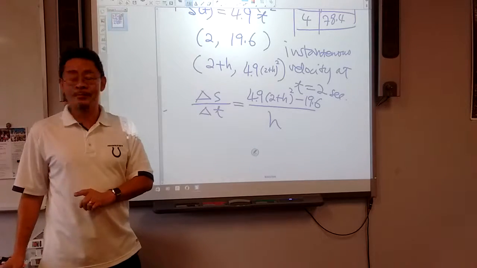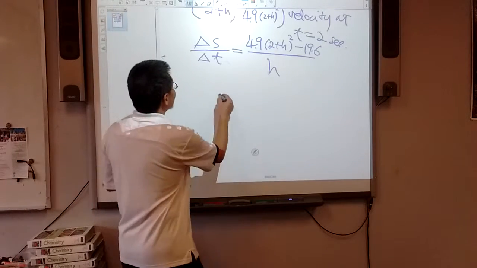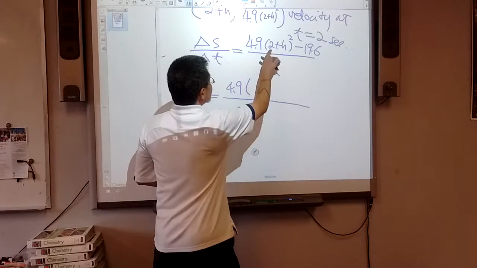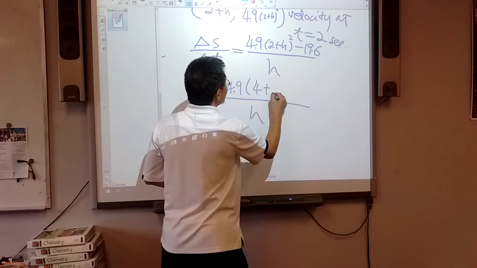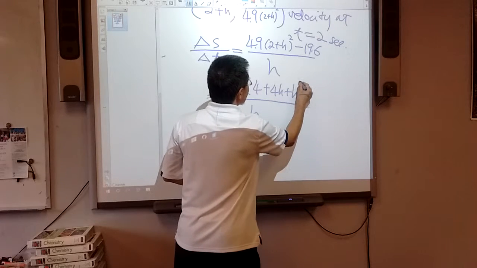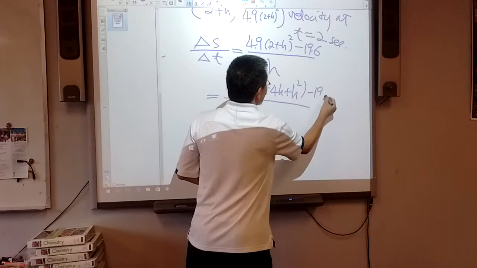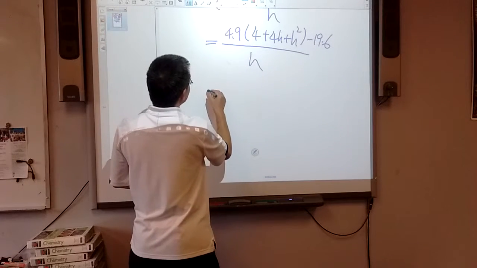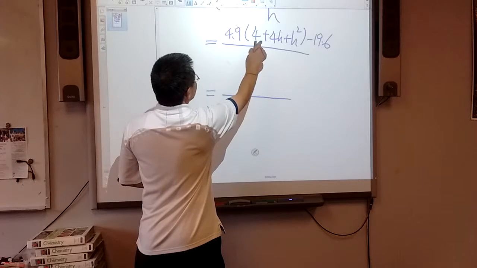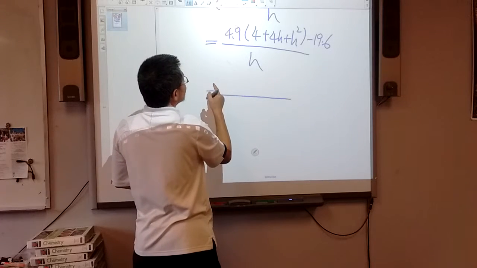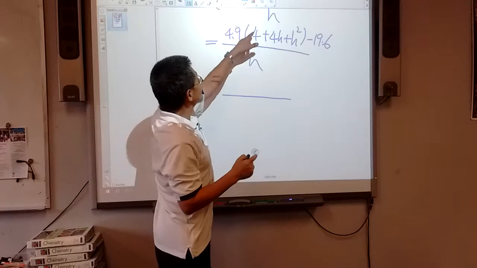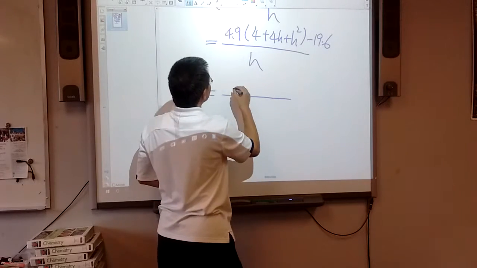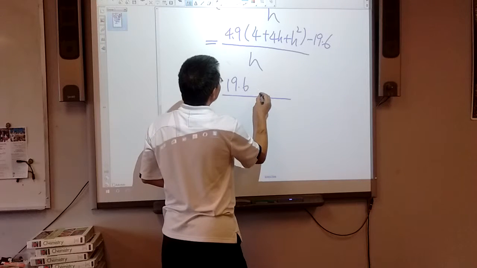We're good here so far? So now we work it out. 4.9 times (4 plus 4h plus h squared) minus 19.6. And what is 4.9 times 4? You can guess it. It's a little less than 20. Which will be exactly 19.6, right?